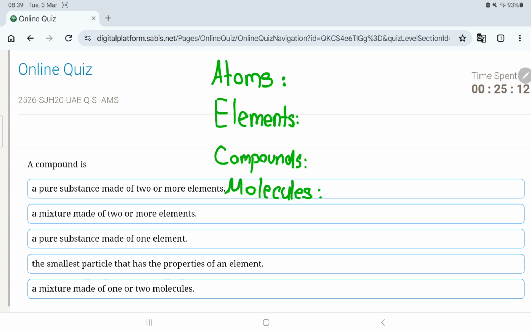Now, guys, what's an atom? An atom is the smallest particle in matter.